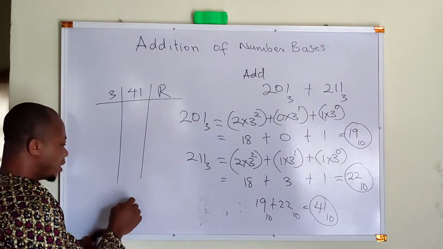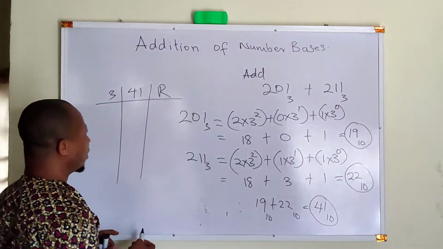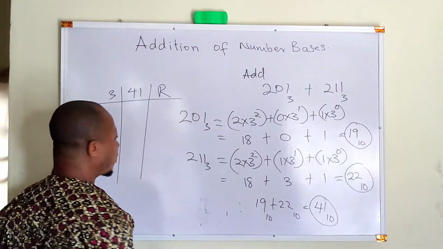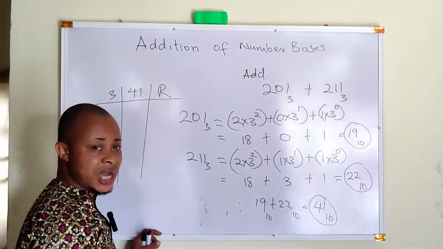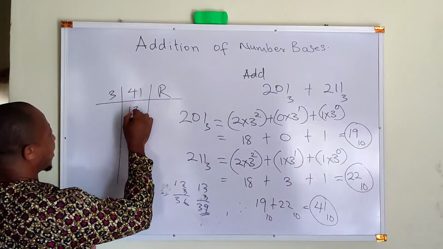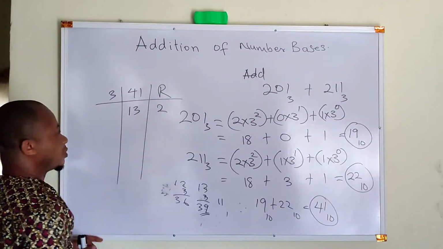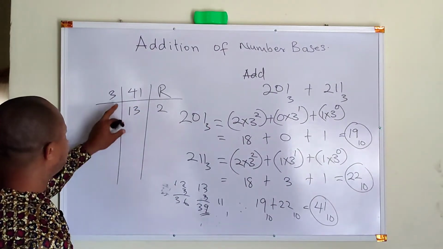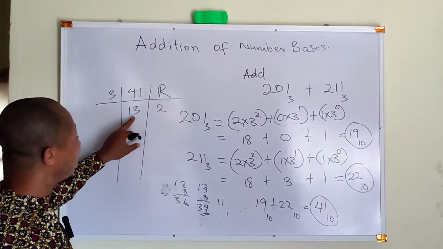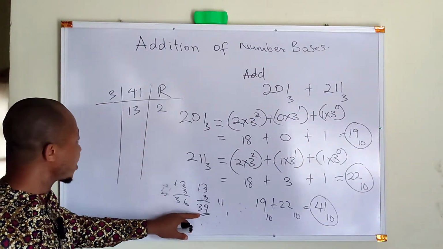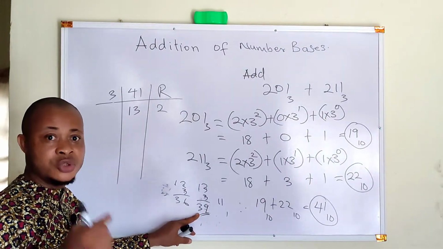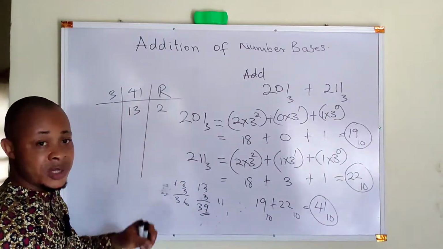Okay, I don't want us to use calculator. How many times do we have 3 inside 41? We have 13, so remainder 2. That means when 3 divides 41, we will get 13, remainder 2, because 3 times 13 will give us 39, and it remains 2 before we get to 41.